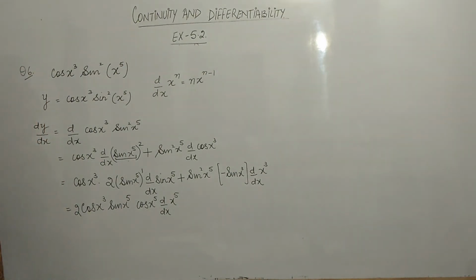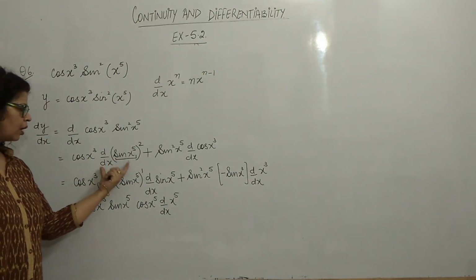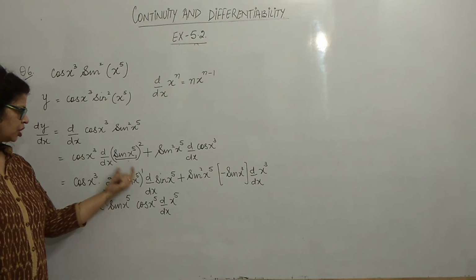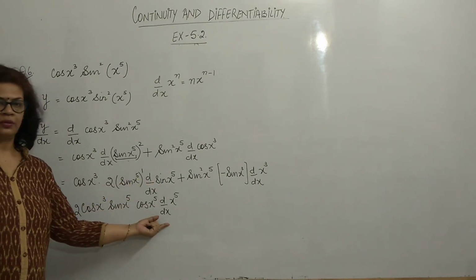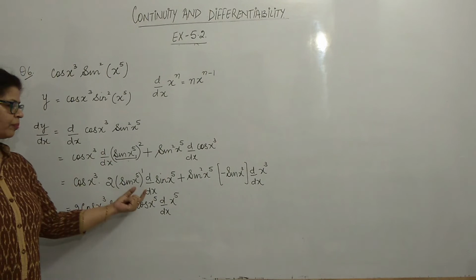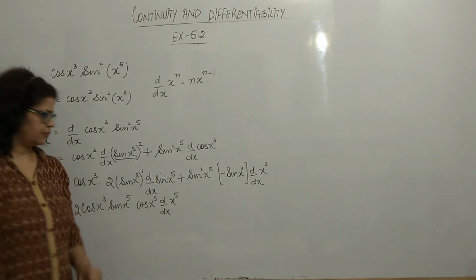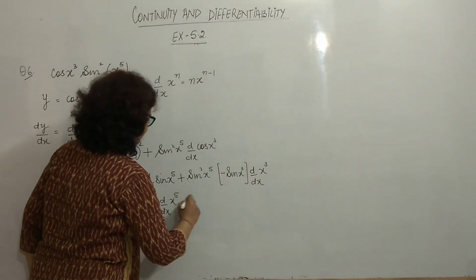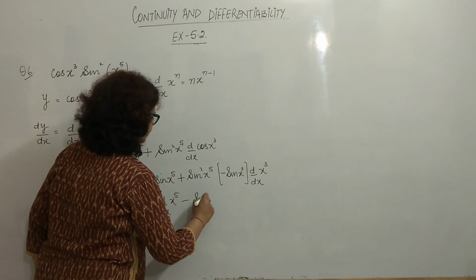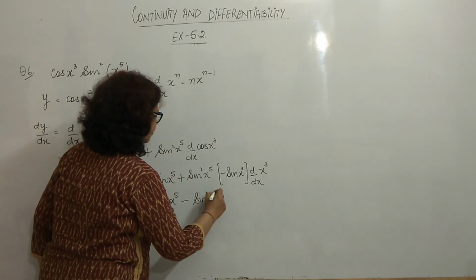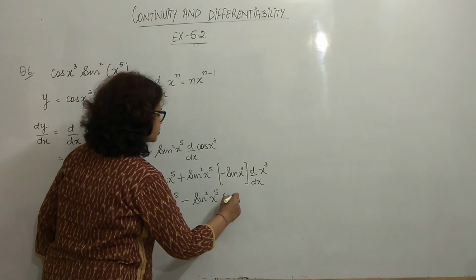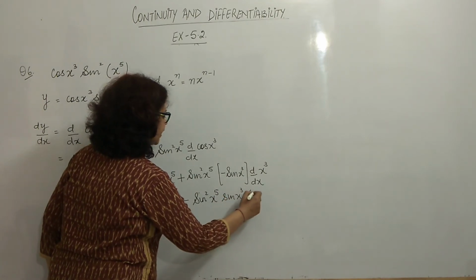So have a look, try to understand: in this function you have applied the chain rule 2 times. Minus sin square x to the power 5, sin x cube and 3x square.